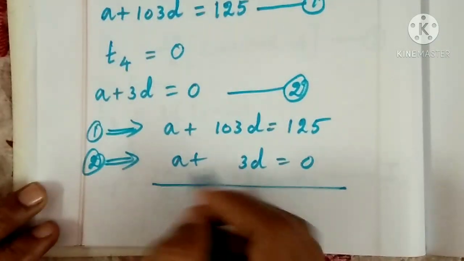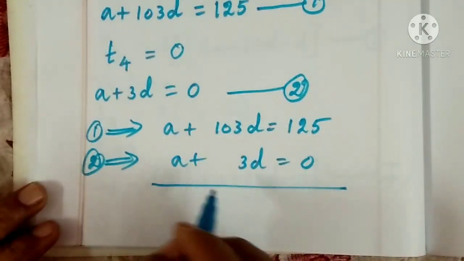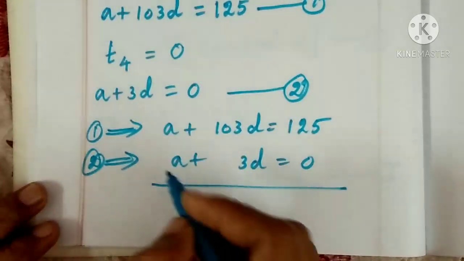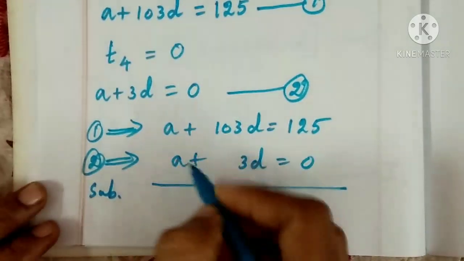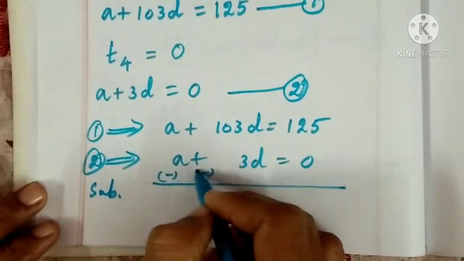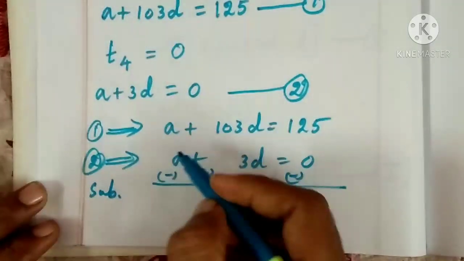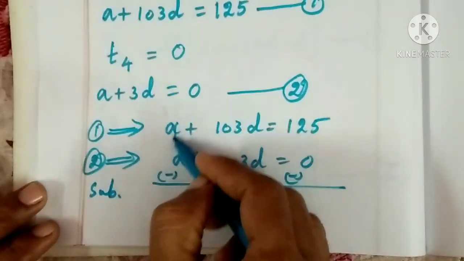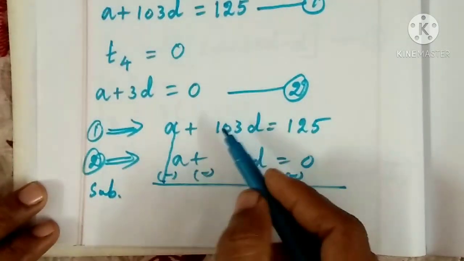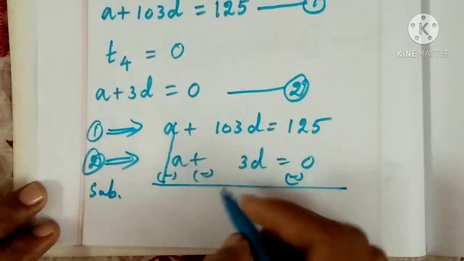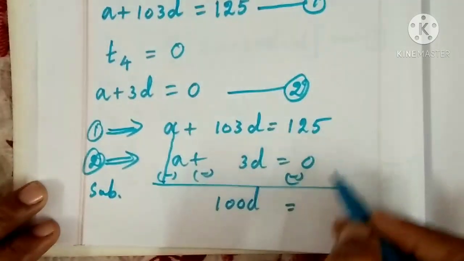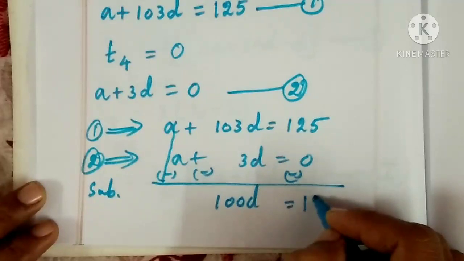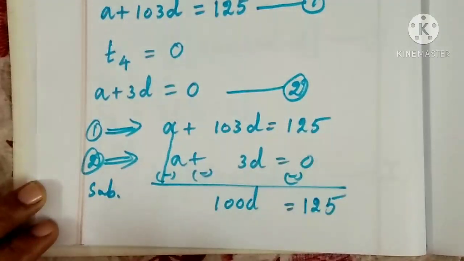Now you have to subtract these two equations, means we have to eliminate the A term. So you change the sign, subtract. Then we get plus A minus A cancel and get 0. Then 103 minus 3 we have 100D is equal to 125 minus 0 we have 125.